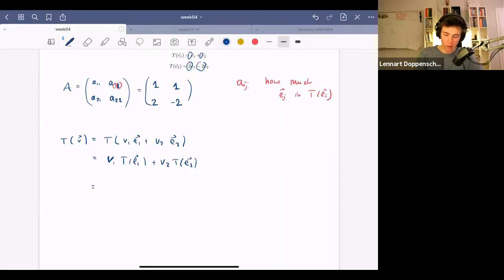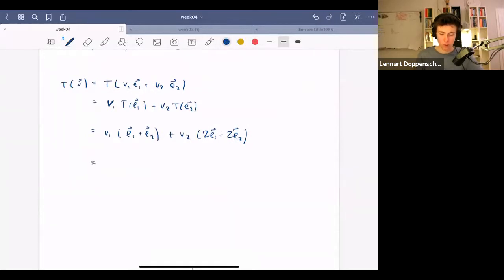And now we know that T of E1 is E1 plus E2, and T of E2 is 2E1 minus 2E2.